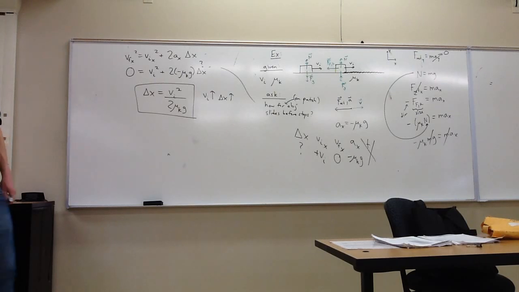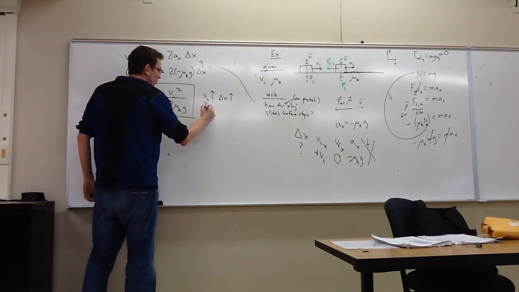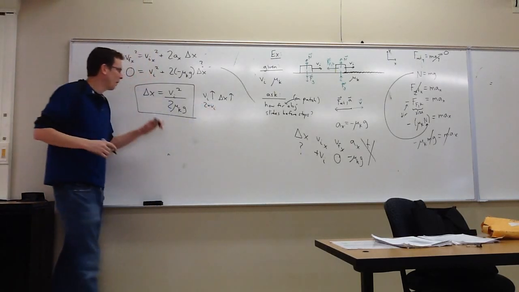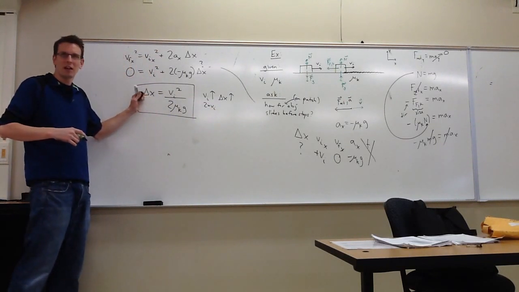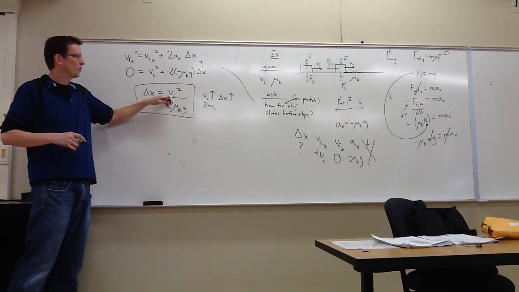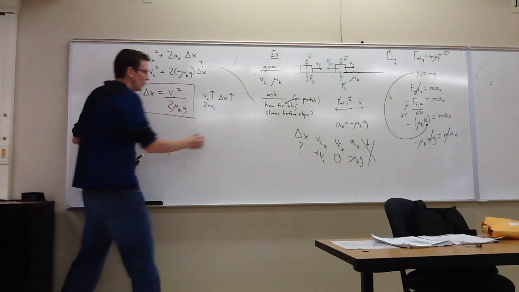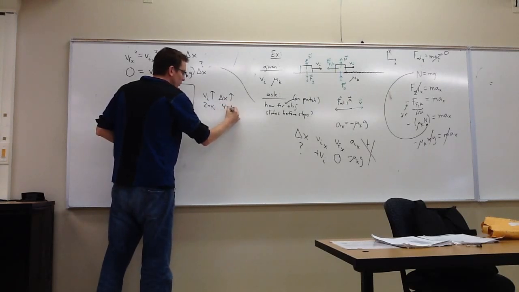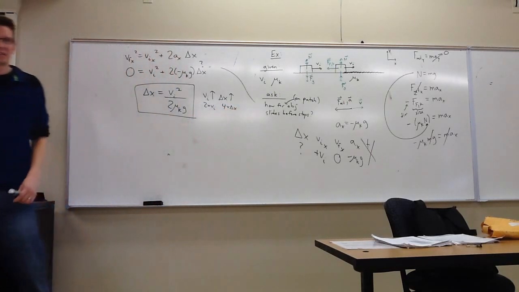Yeah, it does. In fact, it tells us that if we double the initial speed, what actually happens to the distance you slide? Quadruples, right? Delta x is proportional to v squared. So you actually slide 4 times further. Proportionalities, they're useful, right?